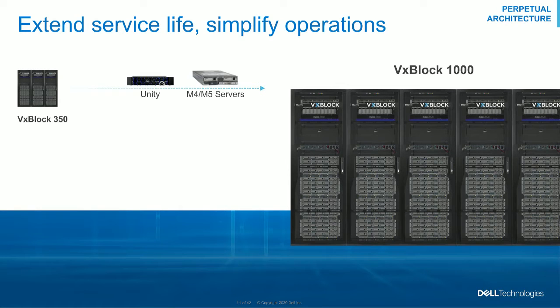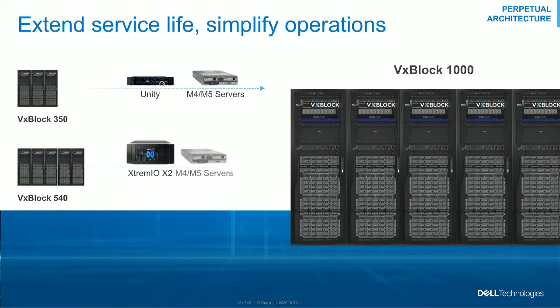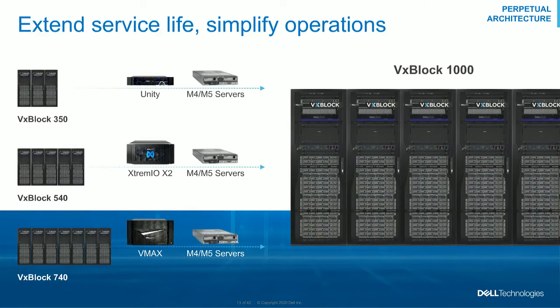So Nigel had mentioned previously about how our customers are able to still get useful life out of their existing assets, for those customers that are existing VBlock and VxBlock customers. When you look at the technology that can be moved over into a VxBlock 1000, I'm going to let this slide build out. You can see here with the VxBlock 350, customers can take their existing Unity or Unity XT arrays along with M4 and M5 servers.